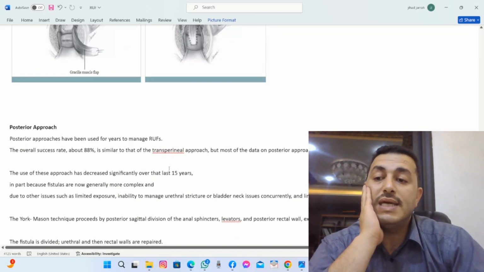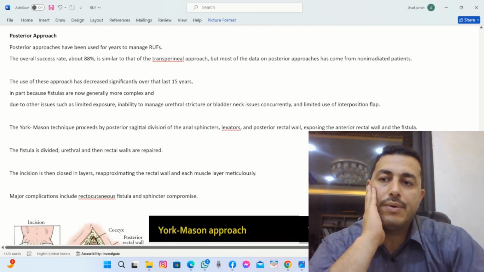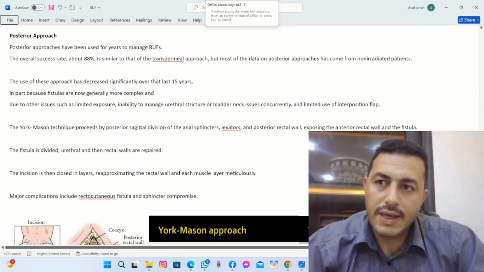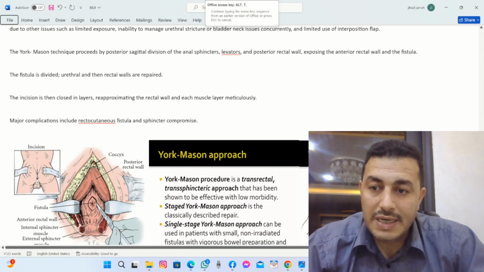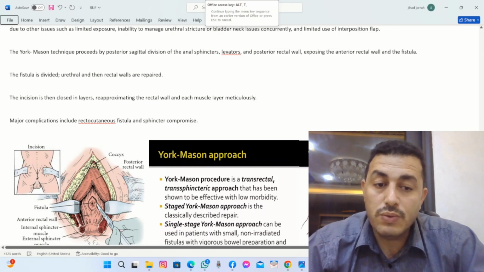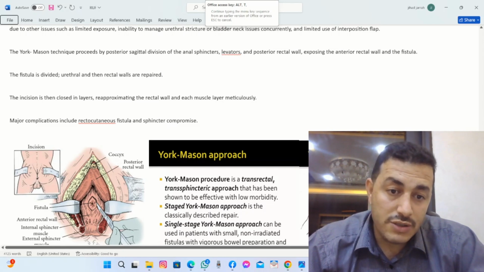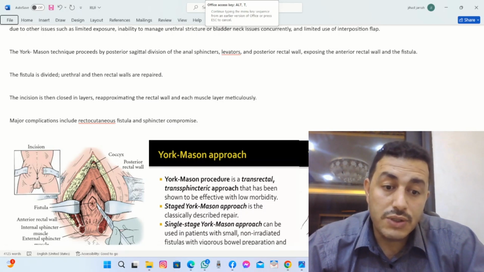What about the posterior approach? What we mean by posterior, actually, here is the approach. You can imagine it as an incision below the sacrum and in the intergluteal cleft to reach first the posterior rectal wall. We will see an incision here. This is a posterior approach.